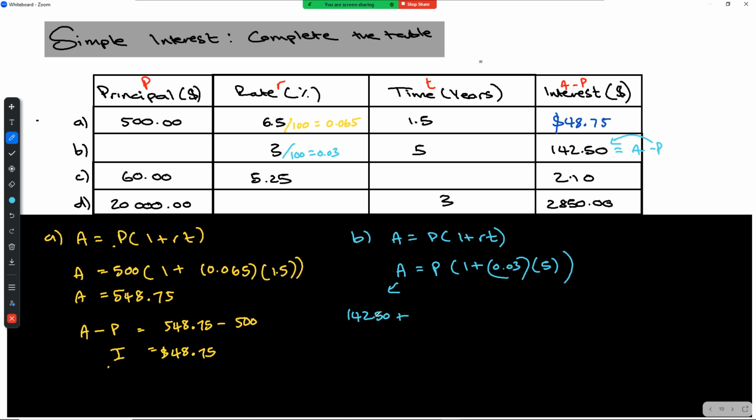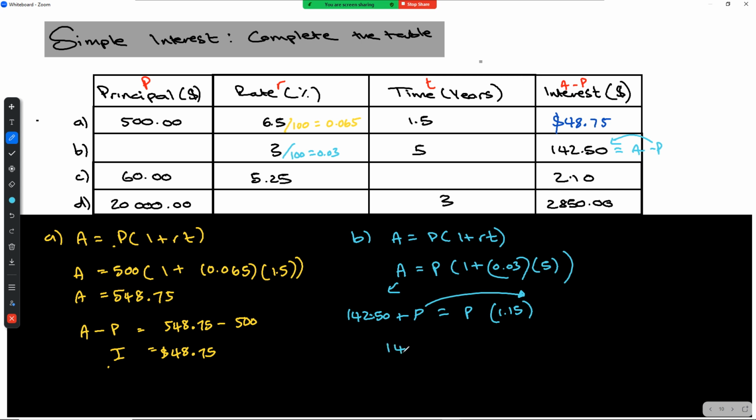142.50 plus P will equal A, which is P times 1 plus 0.03 times 5, which is 1.15. And then from here, I'm going to minus this P across.